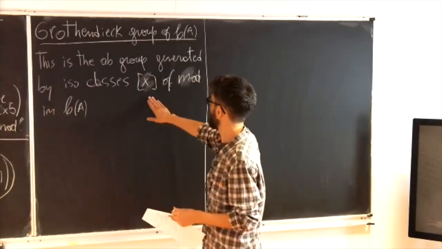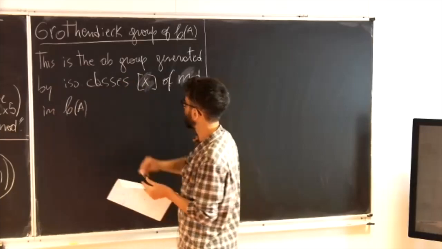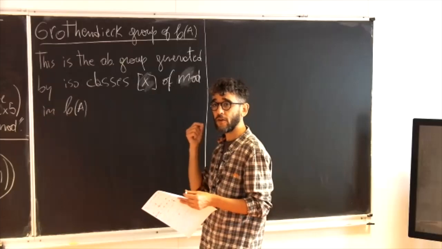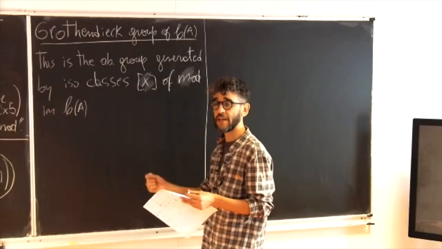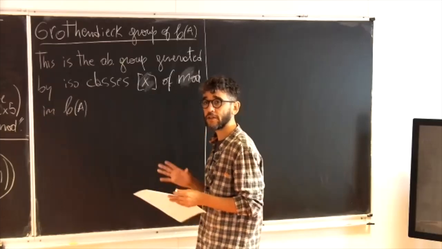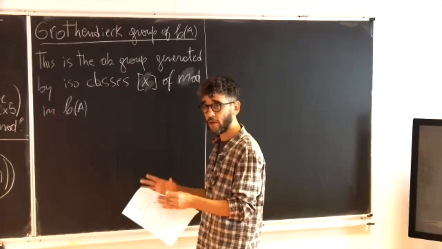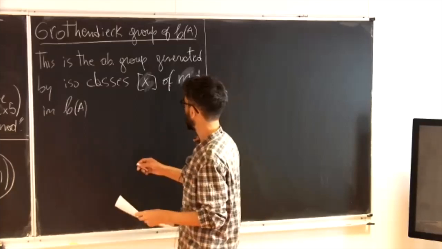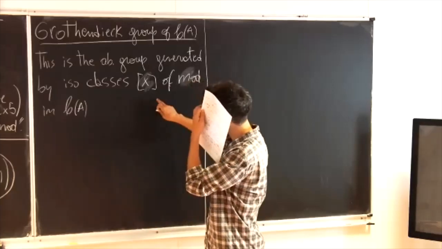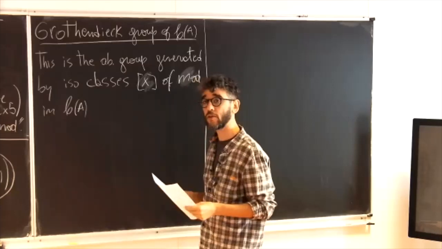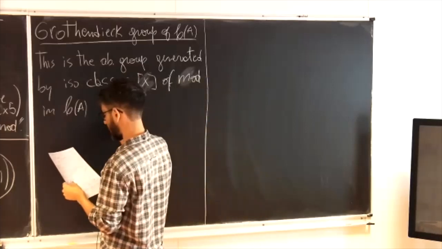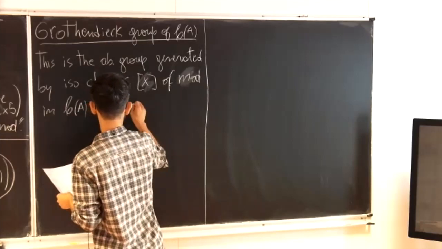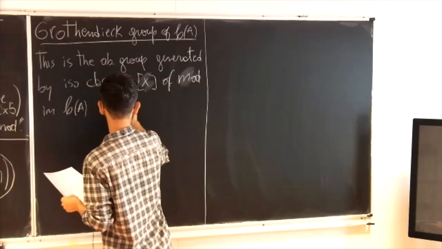So the generators of this abelian group: we have one generator for each isomorphism class of modules. It's a way to put together all the isomorphic modules and treat them as if they were only one. These are the generators of the group, and they satisfy this relation.